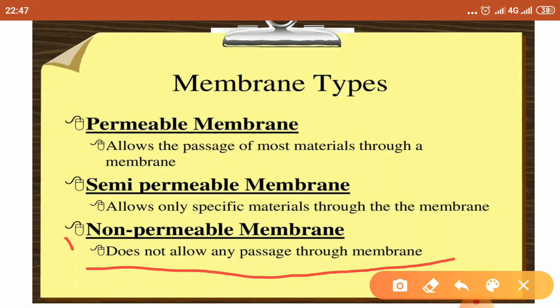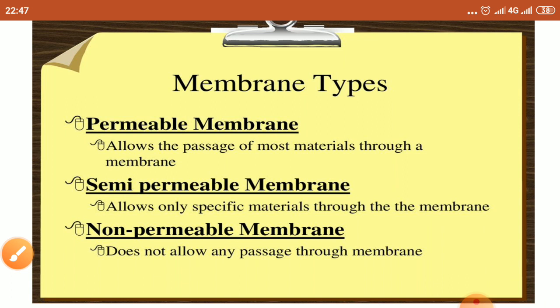And the fourth one, selective permeability, is mainly for the plasma membrane. So if it is asked what kind of permeability is there in plasma membrane, it is a selectively permeable membrane, which will allow selective material or ions to move in and out of the cell. Fine.